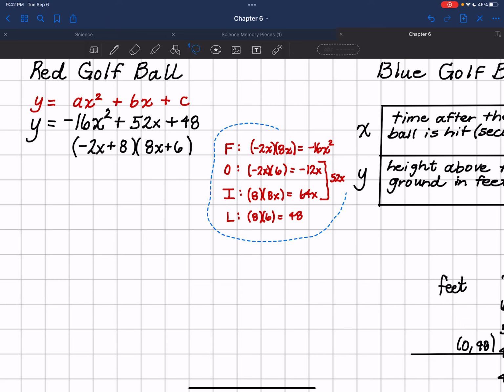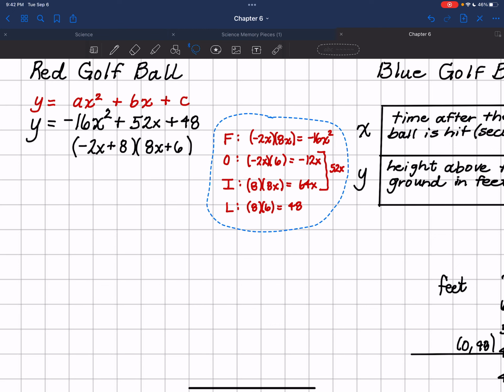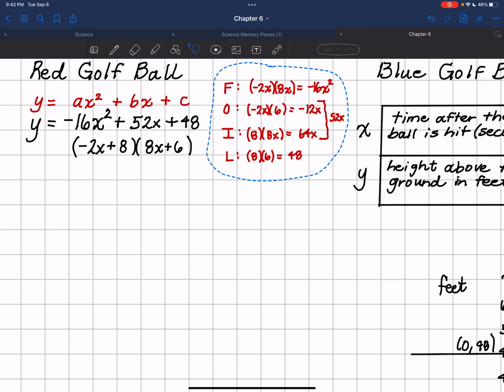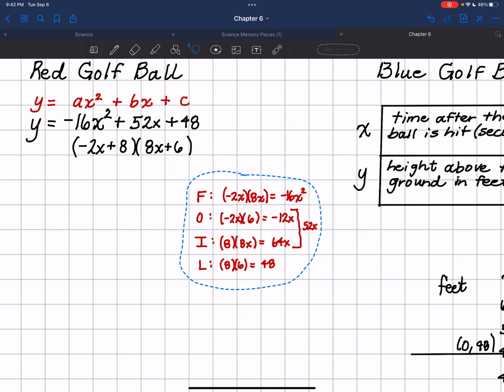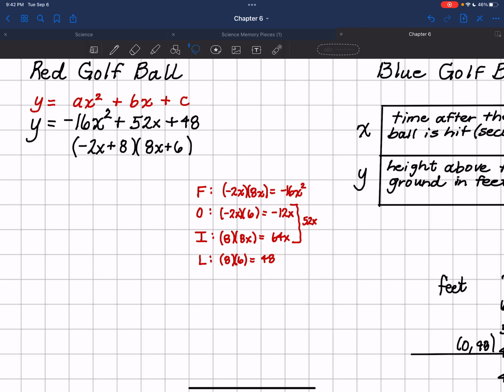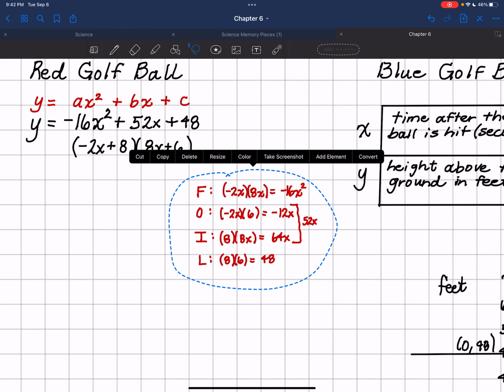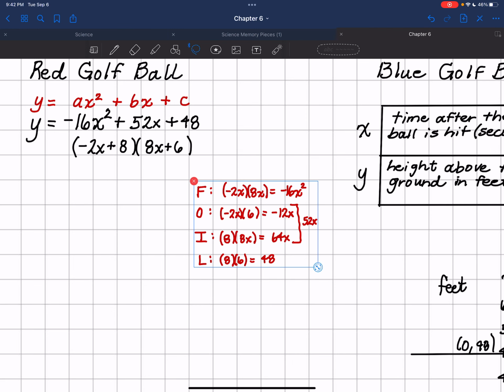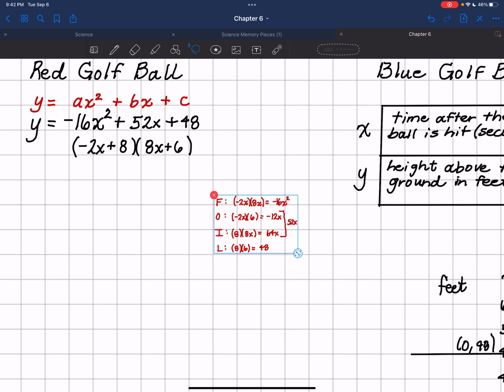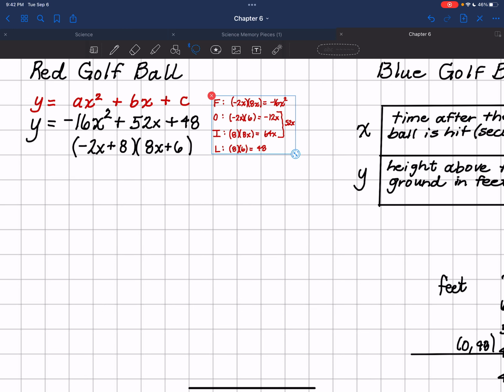Now, there are lots of things that we could say about how to do that process. I don't want to get bogged down in that right now. Okay, so the FOIL method checks out. In other words, when I use FOIL, I come back to this equation that we had to start with.